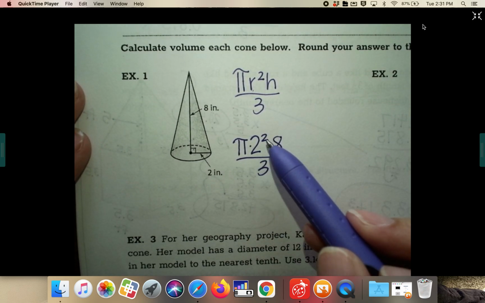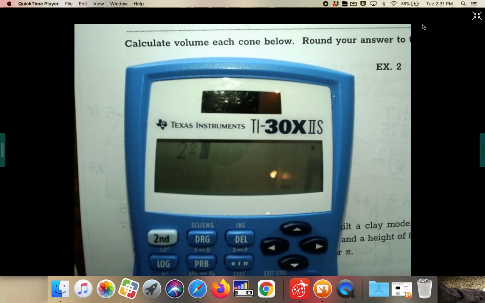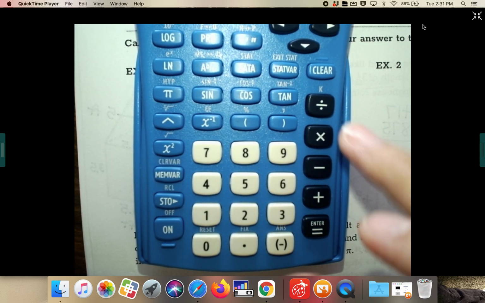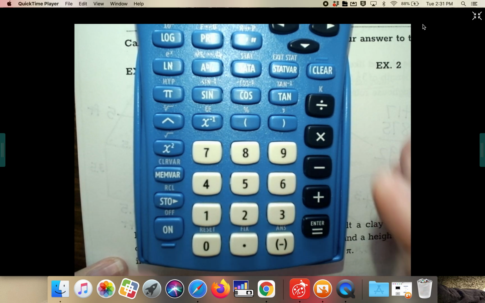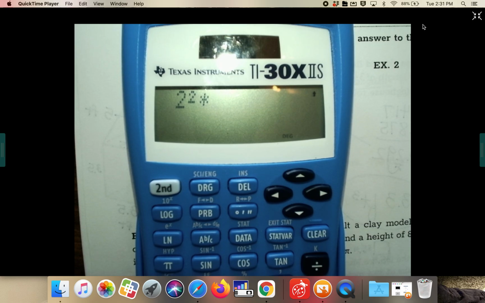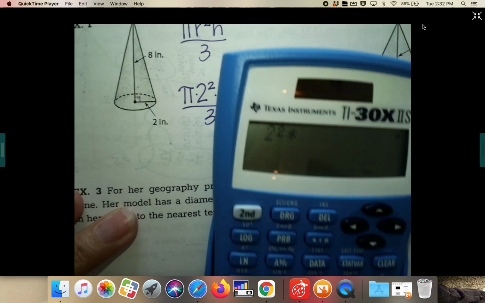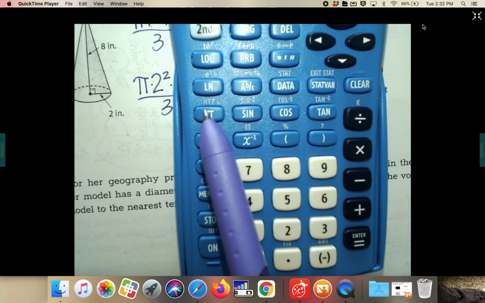I'm going to do 2 squared first, because we do exponents first. If you didn't know where your squared button is, mine is right here. Let me clear the whole thing and do it again. I would push 2 squared, or if you want, you can do 2 times 2. That's the same thing. Times, I'm going to use my pi button. I know it says round to the nearest tenth, so I'm just going to show you where my pi button is on my calculator, right here.